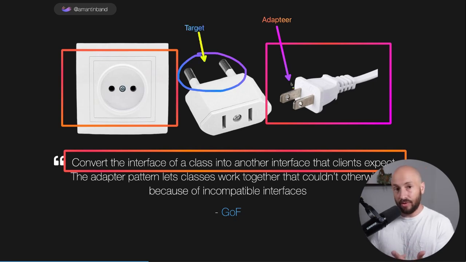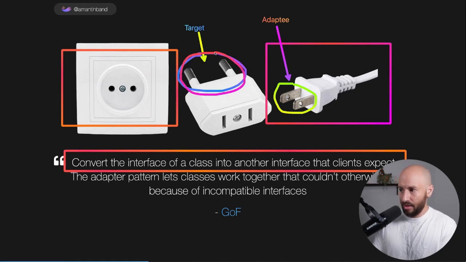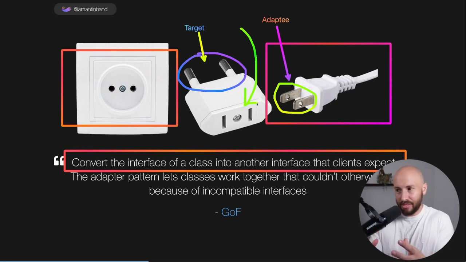So when thinking about this pattern, I always want you to have in mind that the old interface is the adaptee and the new interface is the target. And what the adapter does is it simply takes the adaptee and wraps it and adapts it to the new interface. So I want you to pause and lock in what you currently see on the screen.